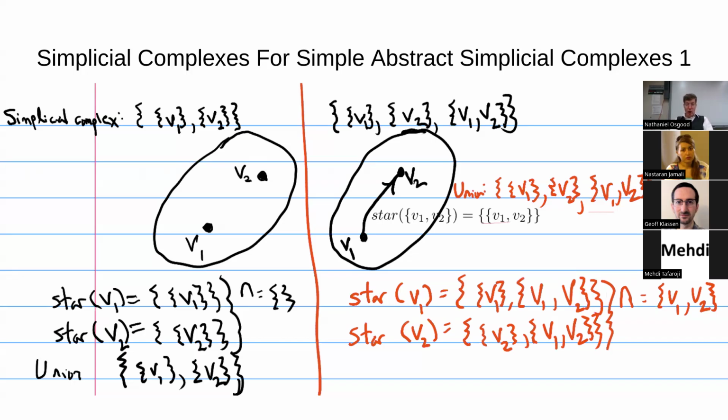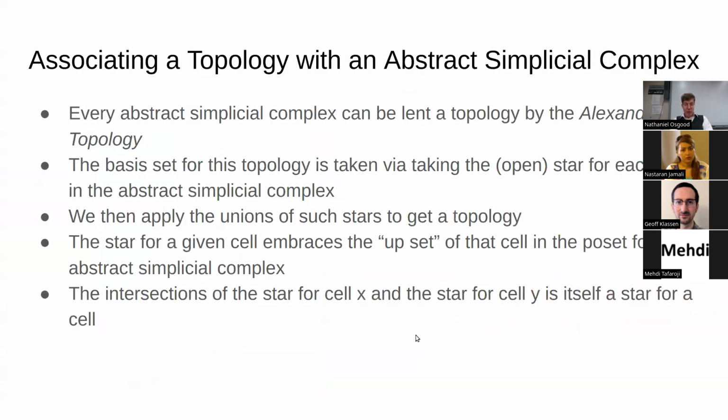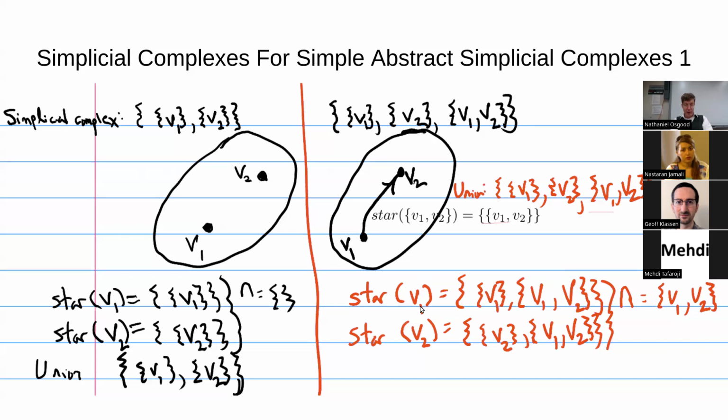Okay, so if you consider here the star for V1, you're going to have V1, V1, V2, and the star for V2. If we consider this, I'm sorry, undirected. Well, no, actually, even if it's directed, then we have V2, V1, V2. And if we consider their intersection, we'll get V1, V2. And that itself is the star of what?